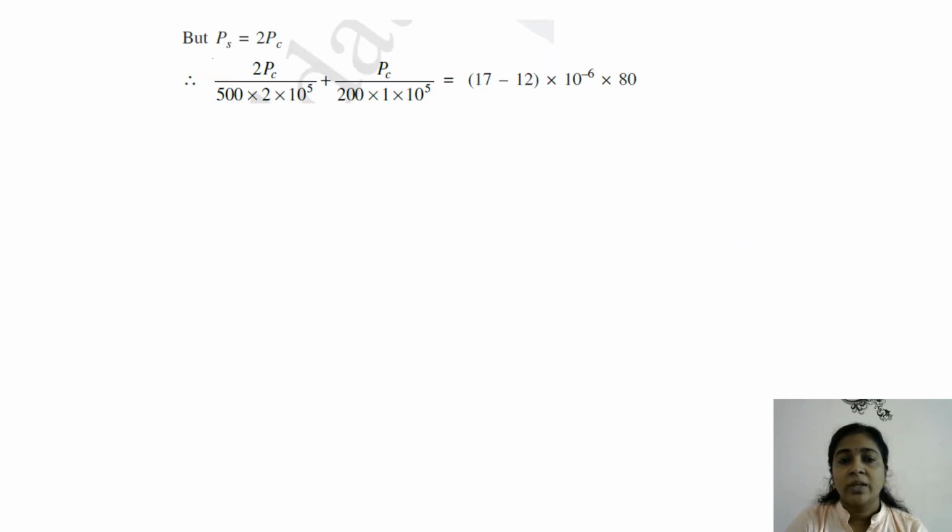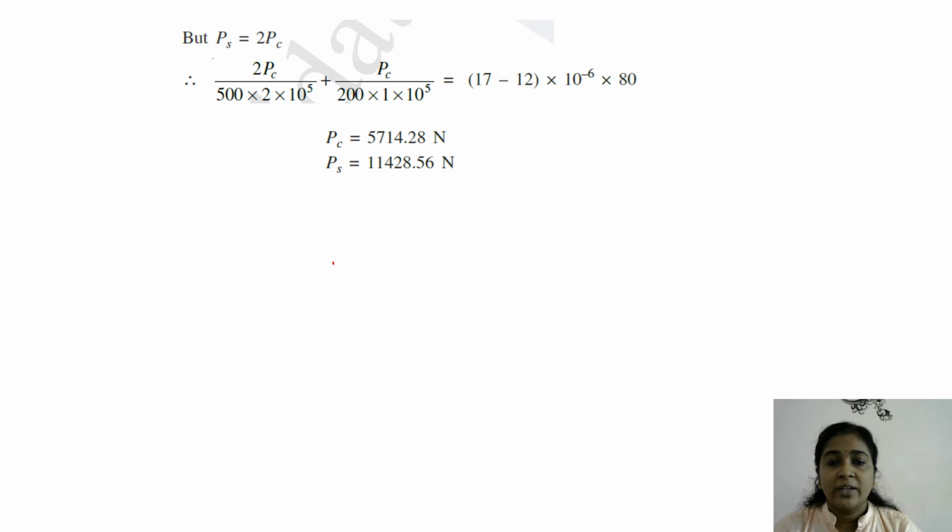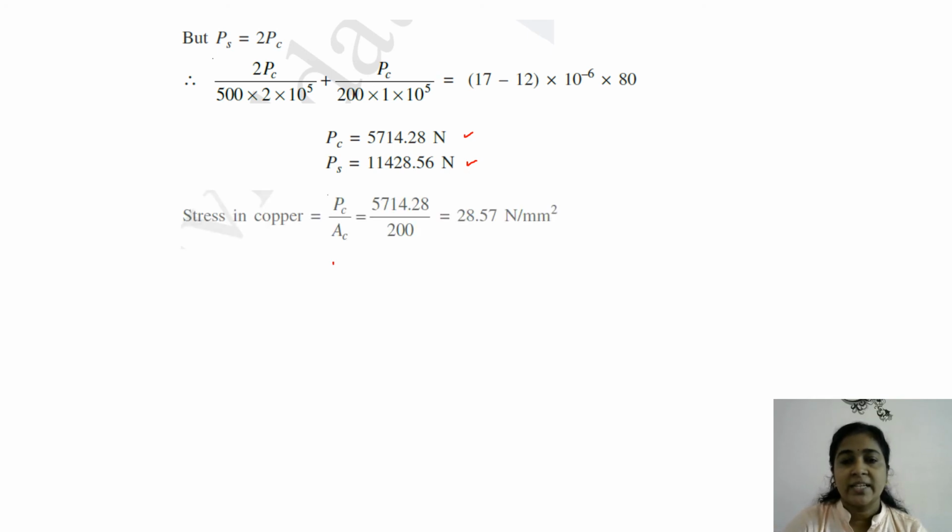Now we know that the force in steel is equal to twice the force in copper. We can substitute that. Then from this we can find out the value of the force in copper as well as the force in steel. The force in copper is compressive, and the force in steel is tensile.